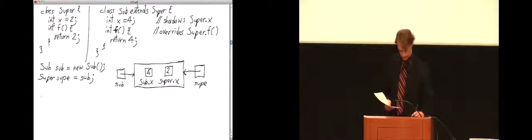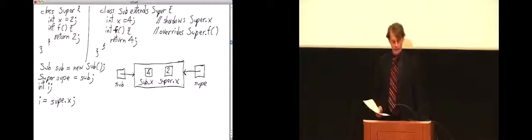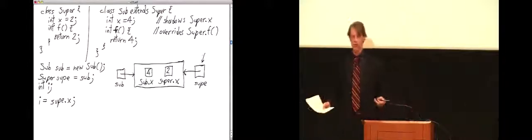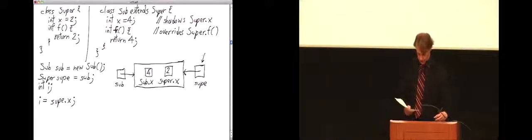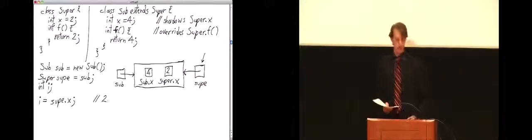And so now, let's throw in an int here so that I can start probing these values. If I write what is sup.x, then, well, the static type of sup is the superclass. It only knows about the superclass X. It doesn't know about the subclass X. So, not surprisingly, that's going to return a 2.